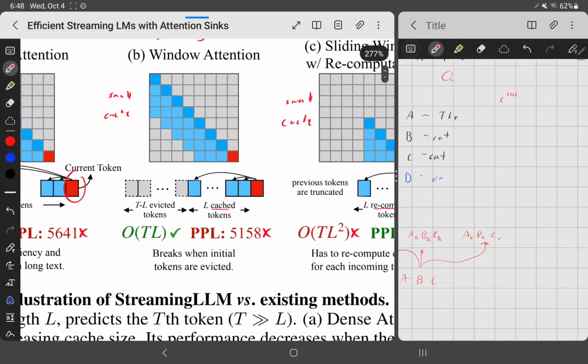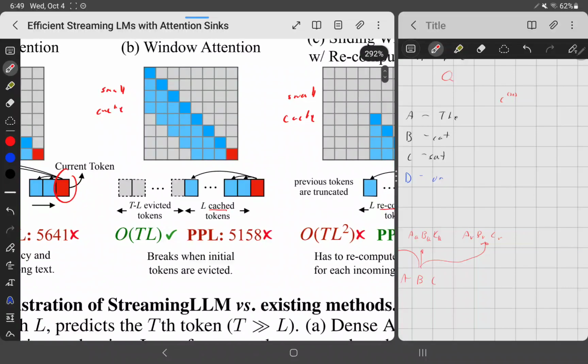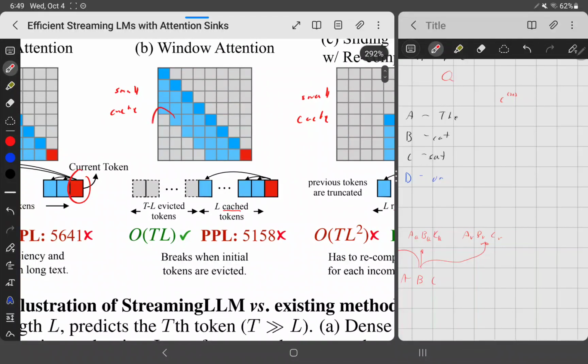Now to get past this, there's this thing called window attention. So after you're done training, I guess you can do this during training as well, but after you're done training, what you do is you evict a certain number of tokens here. You evict these tokens here in the attention matrix, and you only keep these tokens here.